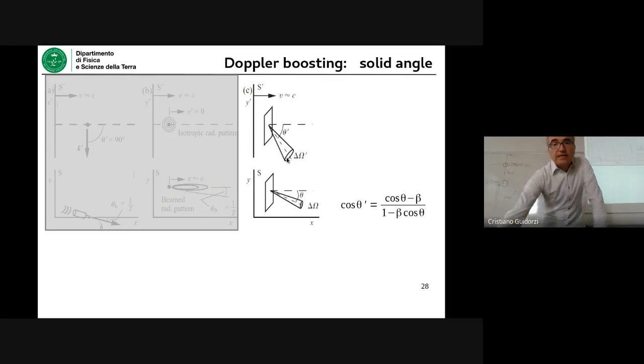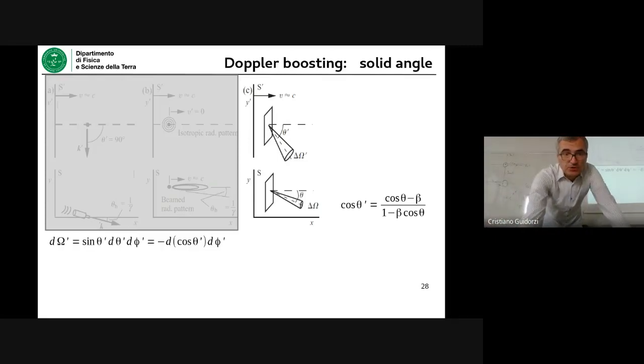So calling delta omega prime the solid angle in which a bunch of rays are emitted, we set ourselves the task of calculating delta omega, the corresponding solid angle in the observer, lab or fixed frame, whatever you want to call it.